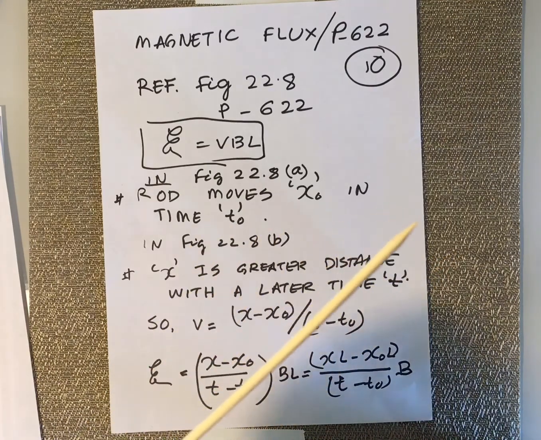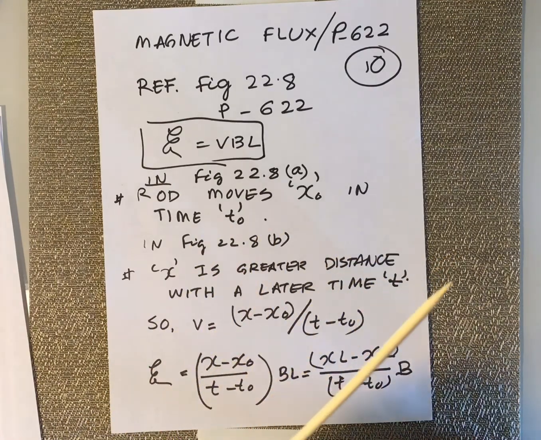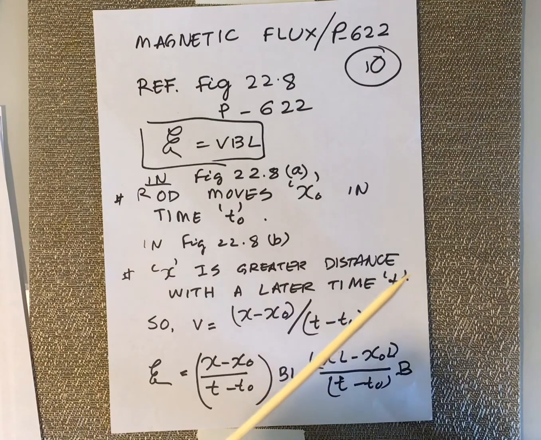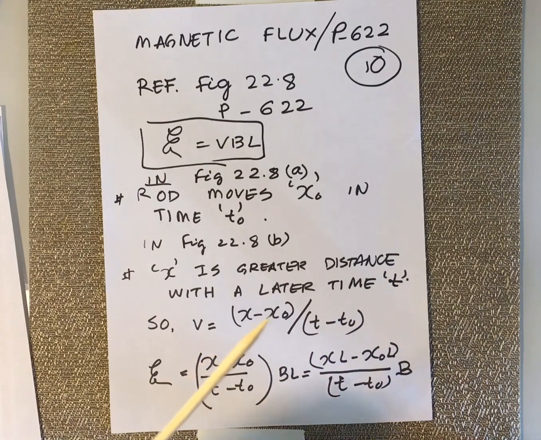So x0 changes to x, t0 changes to t. So now the velocity will be distance over time, so it will be x minus x0 divided by t minus t0. Finally, you will reorganize the whole equation. So your induced EMF equals x L minus x0 L divided by t minus t0, times B.